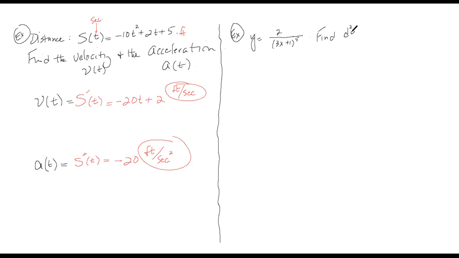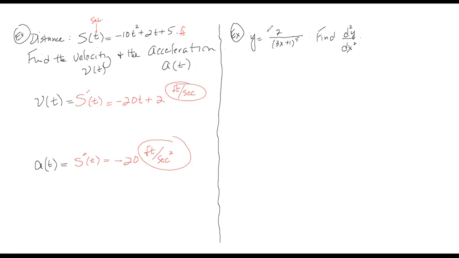Find d squared y dx squared. Second derivative. So obviously for you to get to the second, you need the first, okay? So do the first derivative.